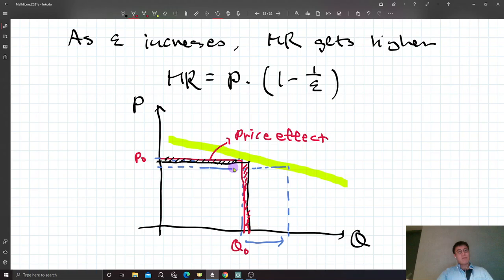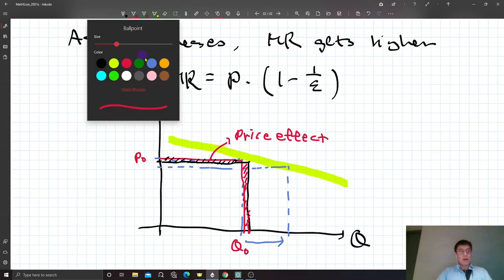So if the monopolist just charges a uniform price, the whole uniform price will go down by a little bit, decreasing revenue. That is the price effect. The quantity effect is because now this monopolist sells 1 more unit, so there will be some increment of revenue. That is called the quantity effect.